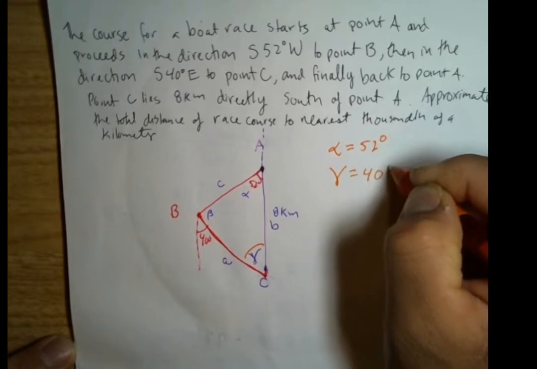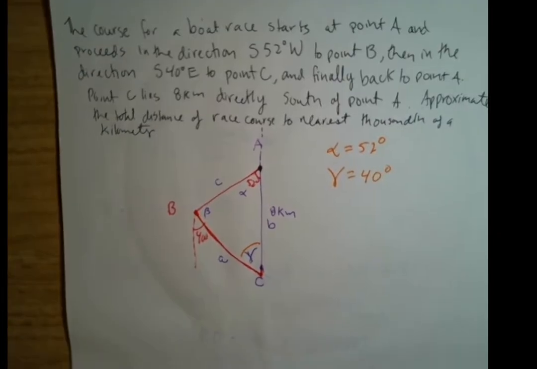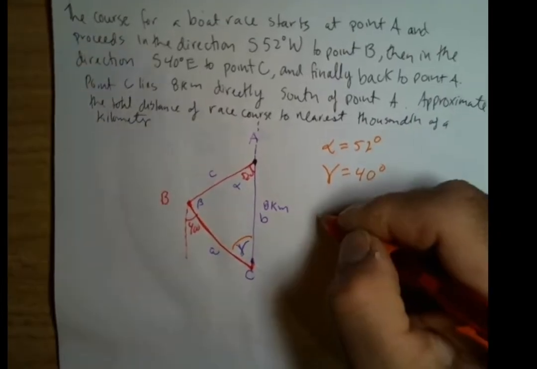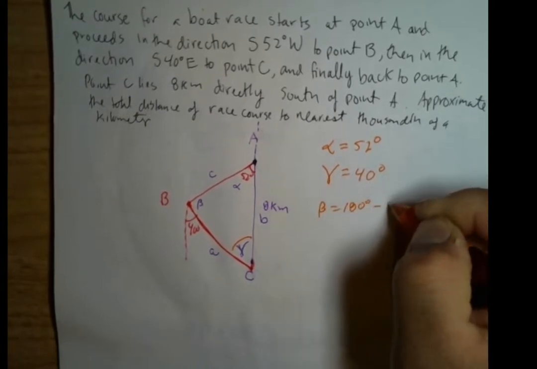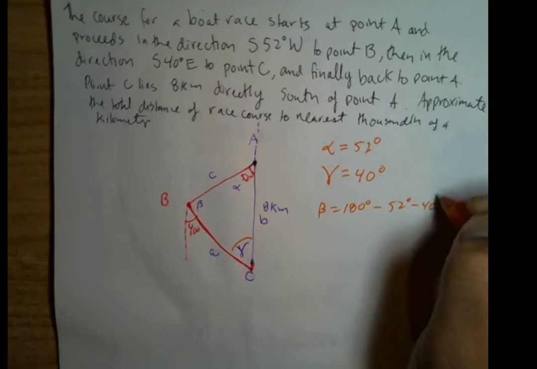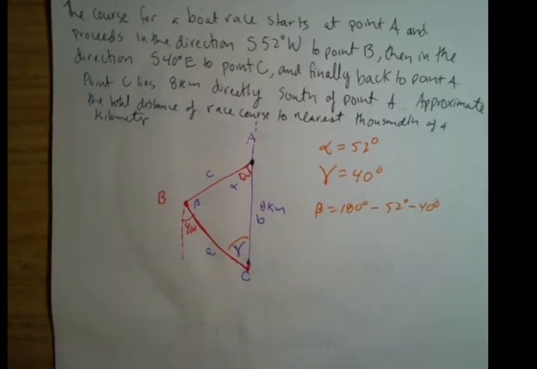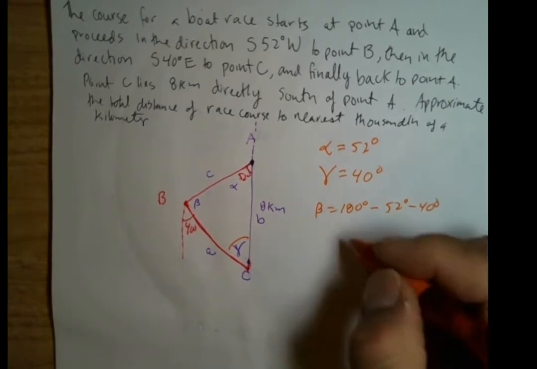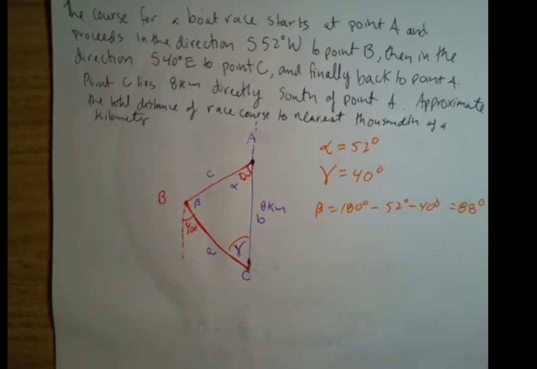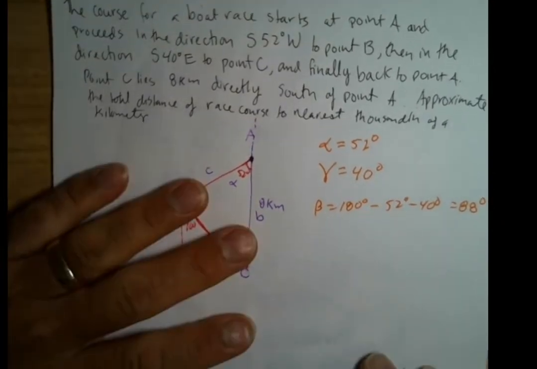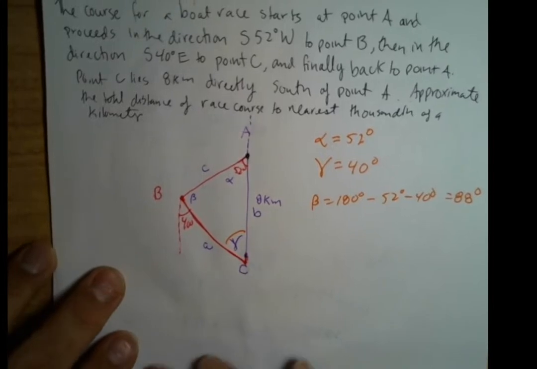So gamma is 40 degrees. Now that gives me beta: the sum is 180 minus 52 degrees minus 40 degrees, which is 88 degrees. So I found all the angles in this triangle.